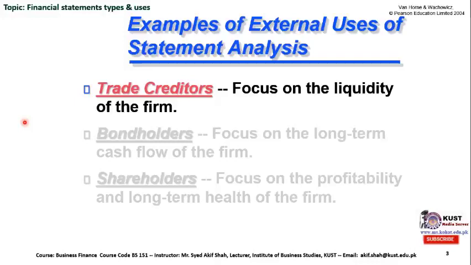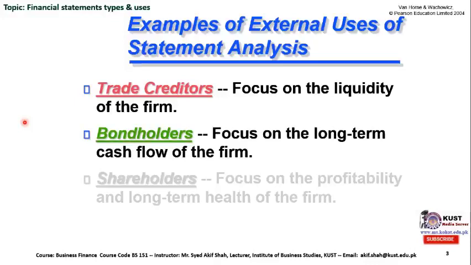Therefore, their primary emphasis is to check the liquidity of the firm before sanctioning a loan to that particular organization. So once again, I must explain that the trade creditors basically focus on the liquidity of the firm. Therefore, they need a good financial statement of the firm because their stake is going to be involved in the business organization which is looking for loan or debt financing.